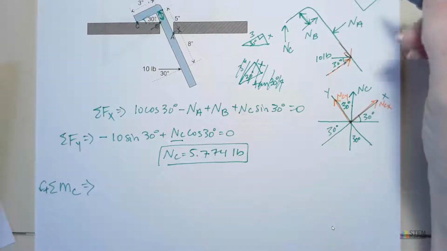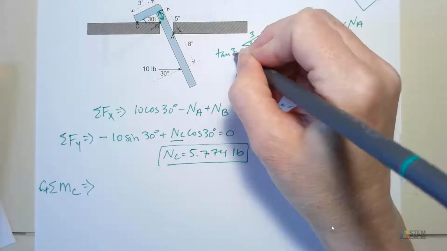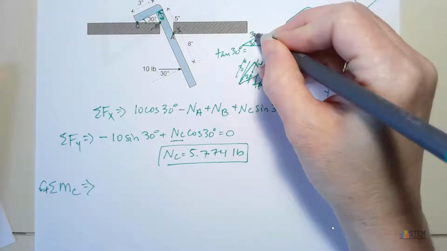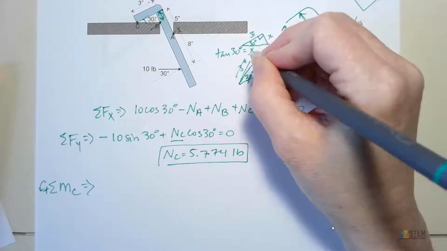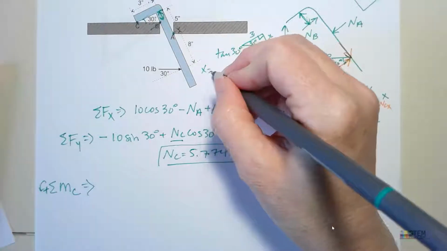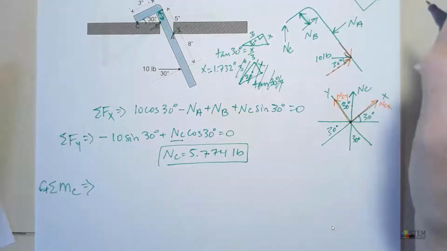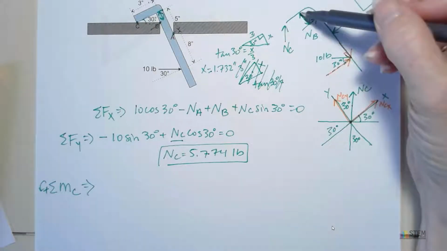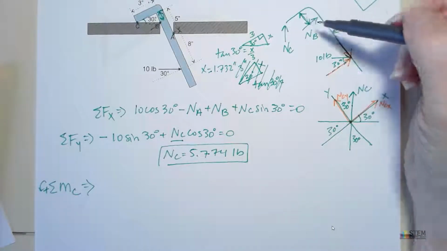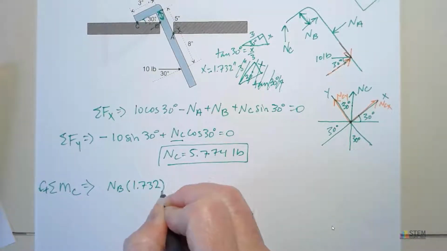Okay. Now that we have that, we can just do tangent of 30 is opposite over adjacent, so that's x over 3. So now you can solve that for x. We get 1.732 inches. So this is going to be the moment arm for NB. So we're going to have NB times 1.732.